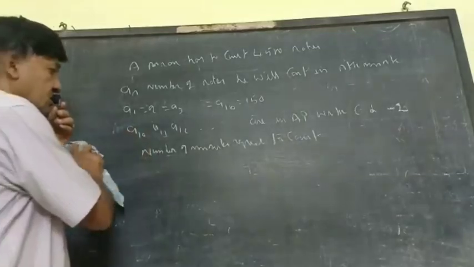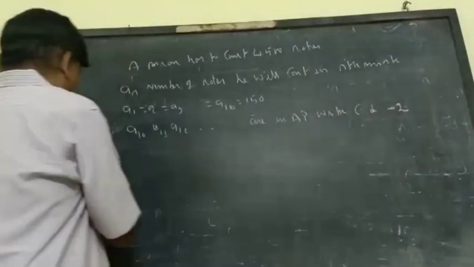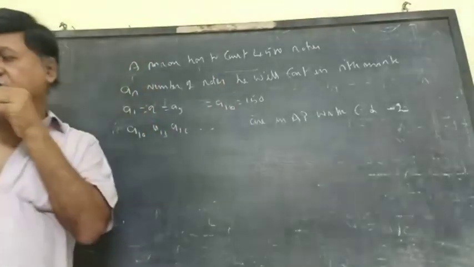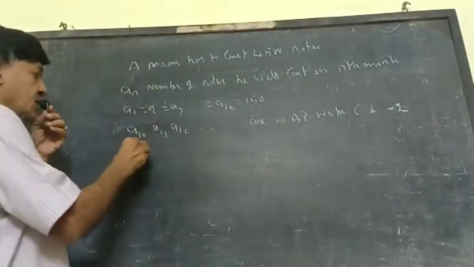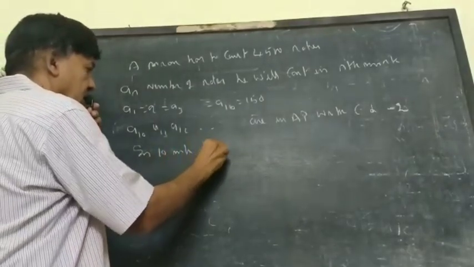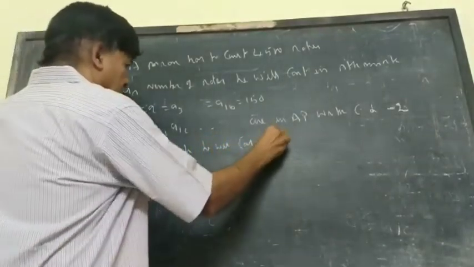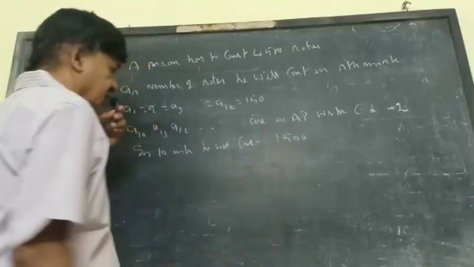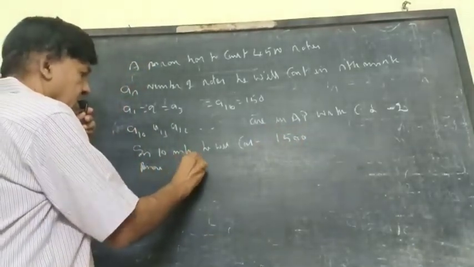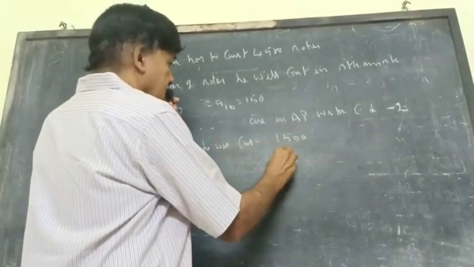See, listen, we will plan like this. First, in 10 minutes, how many notes will he count? 1,500 notes. The remaining notes are how much? 3,000.